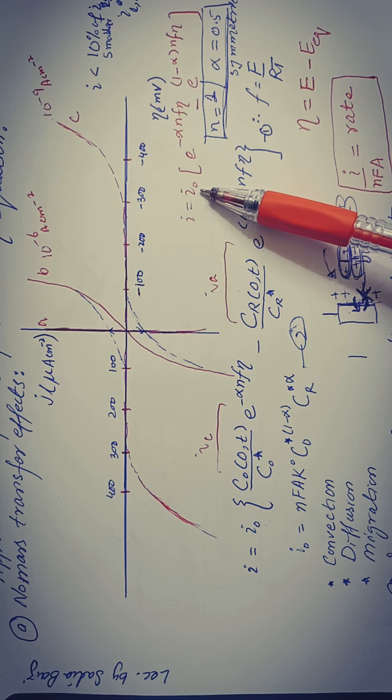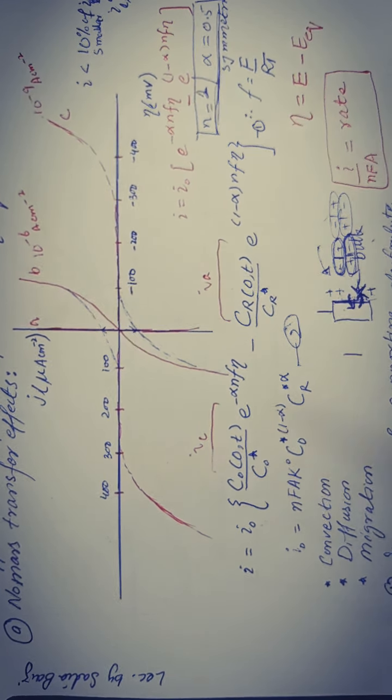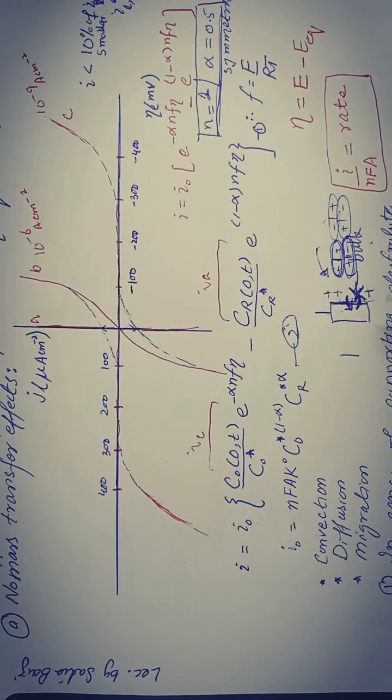Lower the exchange current, lower will be the current generated, and sluggish will be the rate of heterogeneous charge transfer.